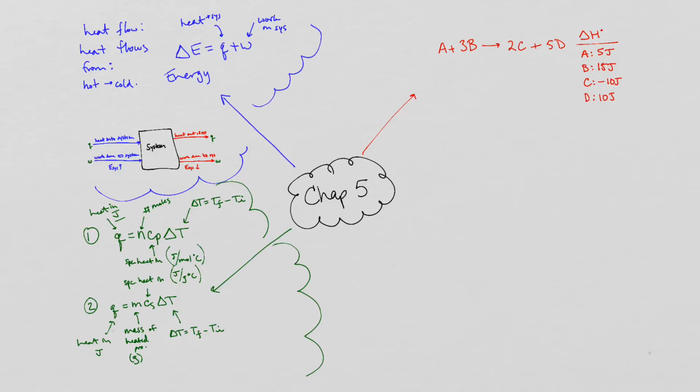Remember that our delta H reaction equals the delta H of the products minus the delta H of the reactants, right? So again, just to touch on it, these right here are the reactants, and these right here are the products.